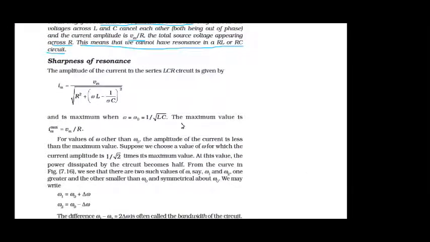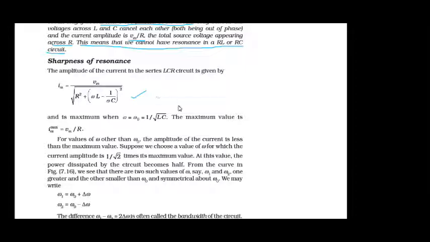Sharpness of resonance. The amplitude of the current in an LCR circuit is given by Im is equal to Vm upon the square root of R squared plus (omega L minus 1 by omega C) whole squared, and is maximum when omega is equal to omega naught, which is 1 upon the square root of LC.